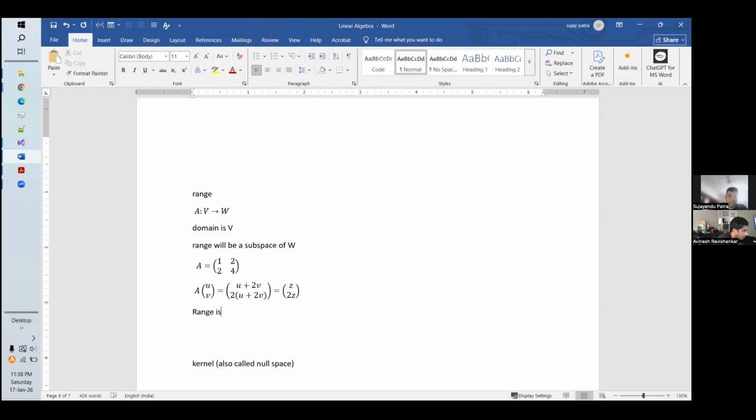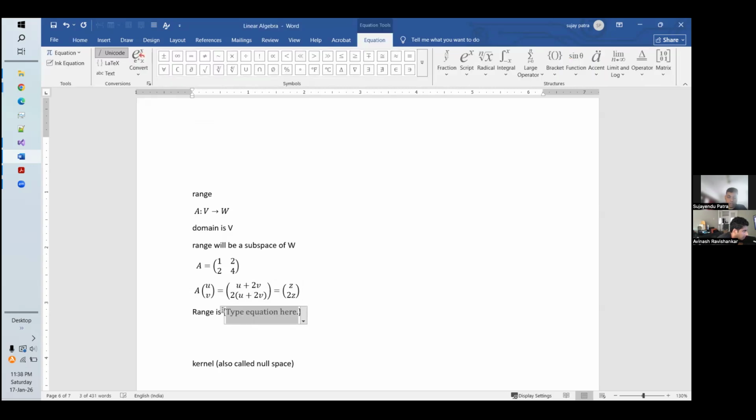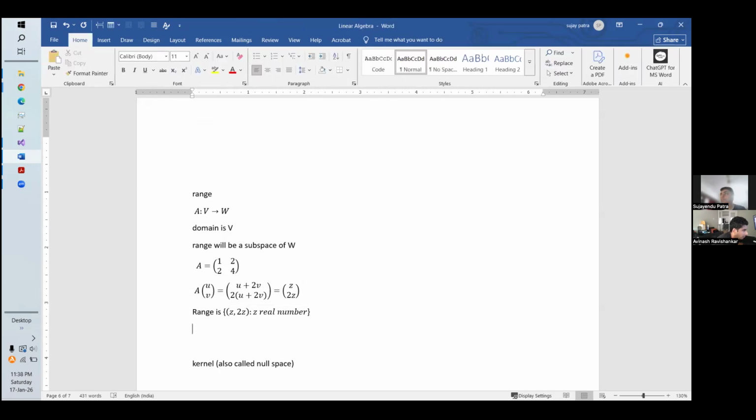So you cannot create anything other than this type in the range. So the range is the set of all vectors of the form z comma 2z. That line doesn't really tell me anything though. Doesn't that just say it's all real numbers?